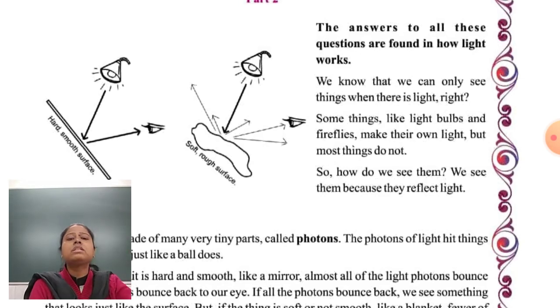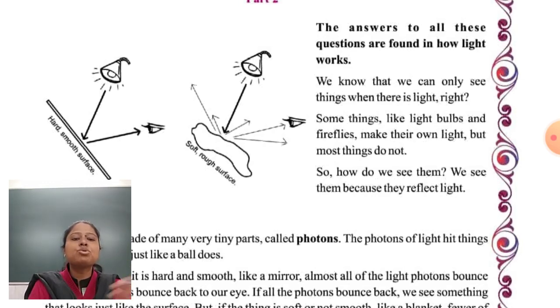We are able to see the chair, table and many other things because of the light only. In the first image, the light falls, the photons of the light fall on the things, and they bounce back. Bounce back means they reflect to our eyes, and we are able to see the things.